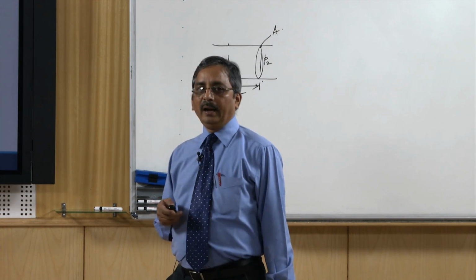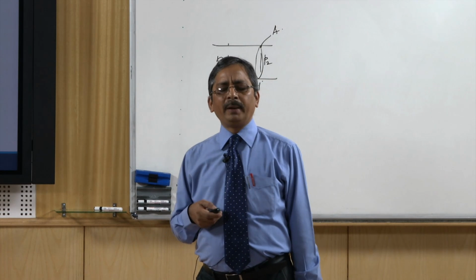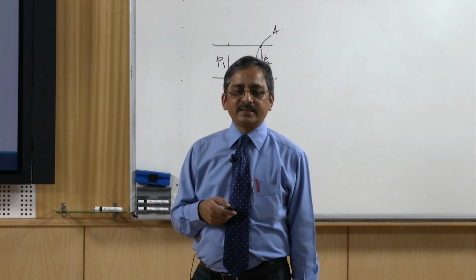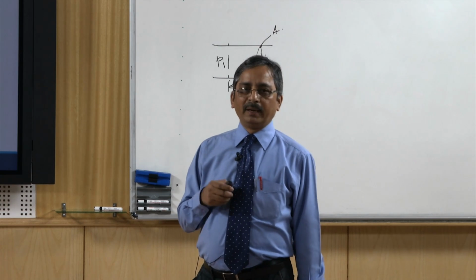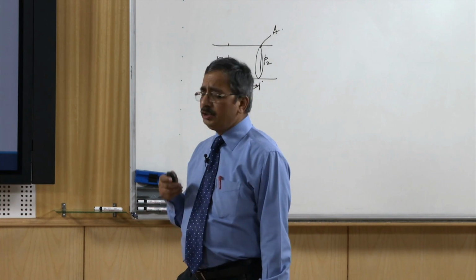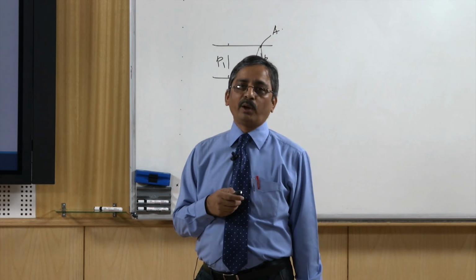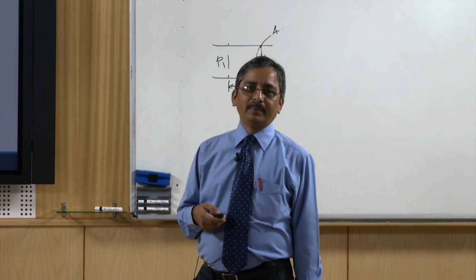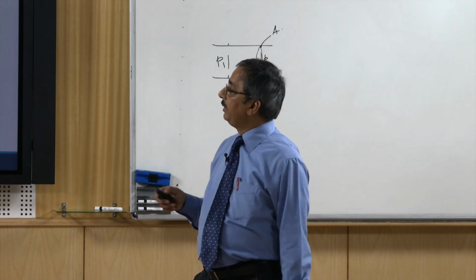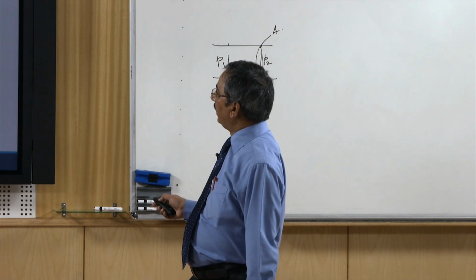So we have defined the pneumatic resistance, the pneumatic capacitance, and the pneumatic inertance. And now let us use these three basic building blocks to model a pneumatic system. So next we take an example of a pneumatic system.